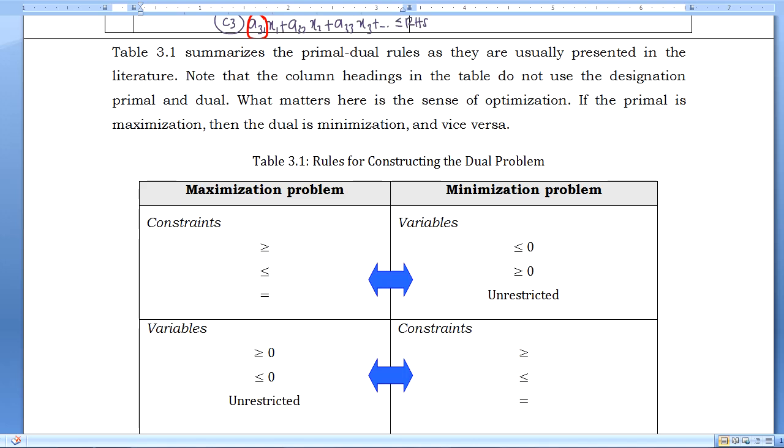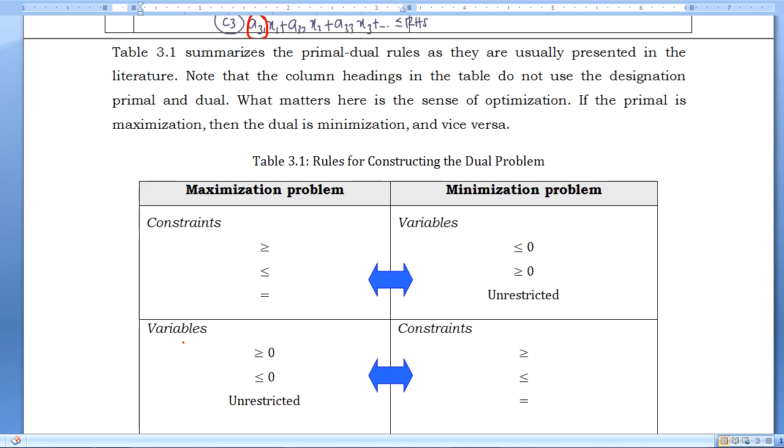This table shows how to write the sign of constraint and variable in the dual LP. The sign of the variable in the dual LP depends on the sign of the constraint in the primal. It is also clear that the dual constraint corresponds to the primal variable.